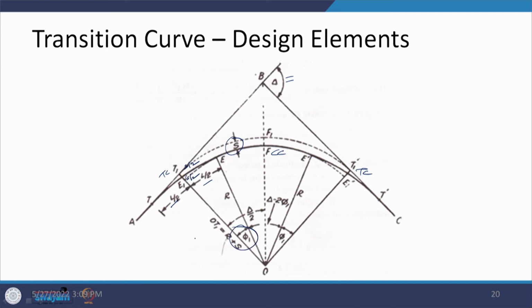We have to calculate the angle phi for the transition curve side, which depends on the radius up to the point here and the length being considered as L by 2. Once we have phi on both sides, for the circular curve we are left with delta minus 2 phi.